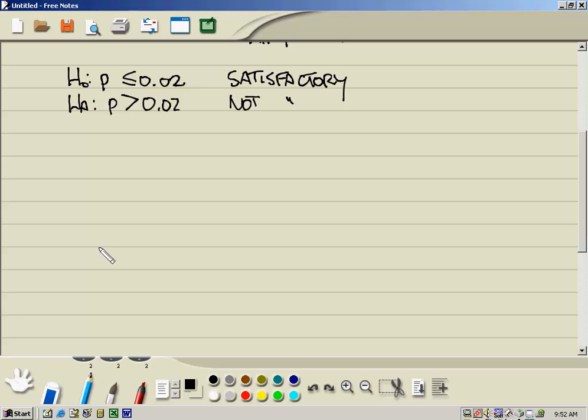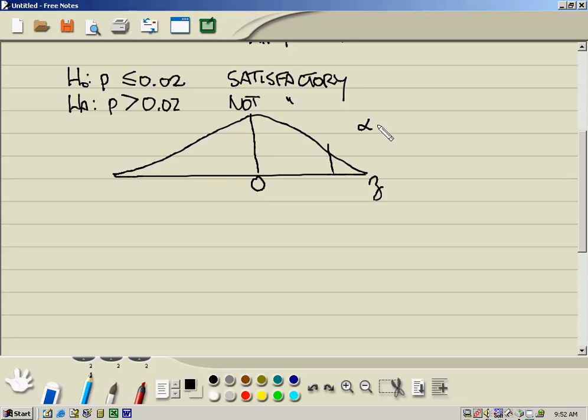At this point, things change. We'll draw a diagram. Draw a z distribution this time. Distribution of z values. Middle of the distribution is 0. We'll have the alpha of 1% again in the upper tail, but of course on the z distribution that's a value of 2.326, and we'll do a decision rule in terms of that.